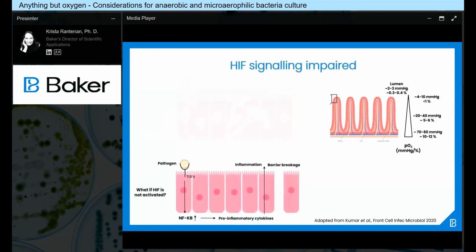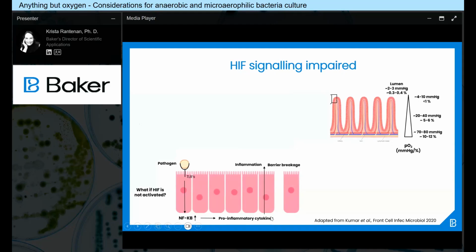In a different situation, if we don't have intact HIF signaling, which unfortunately very often is the case when we work in a lab in an in vitro situation, the problem is that we don't have HIF signaling, we have activated NF-kappa beta signaling. And the problem with this is that NF-kappa beta signaling drives pro-inflammatory pathways here.